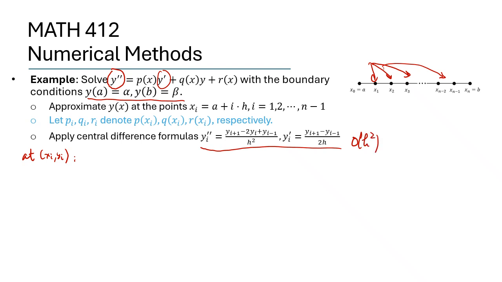Could we choose the formulas differently? Say here I choose a forward or backward formula with big O of h. Could we do that? Of course, no problem, you can do it. But the problem is, if we choose formulas like this, one has a smaller truncation error and the other has a larger one.